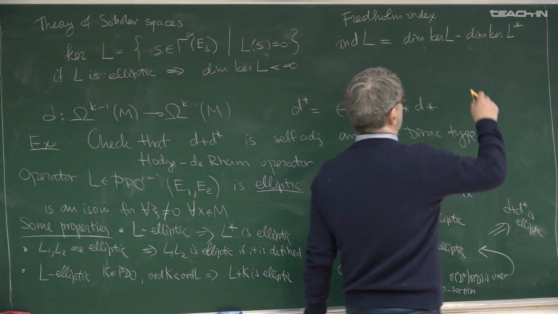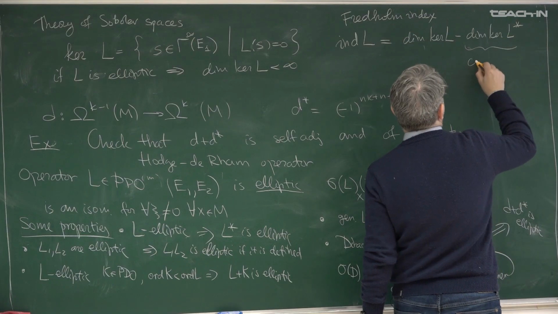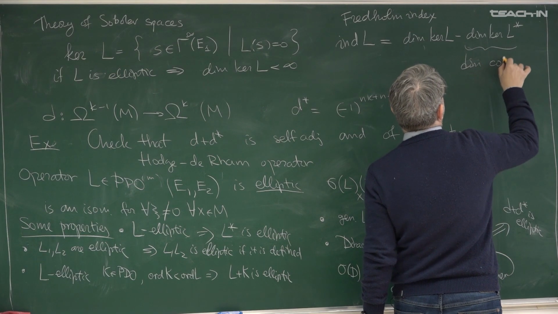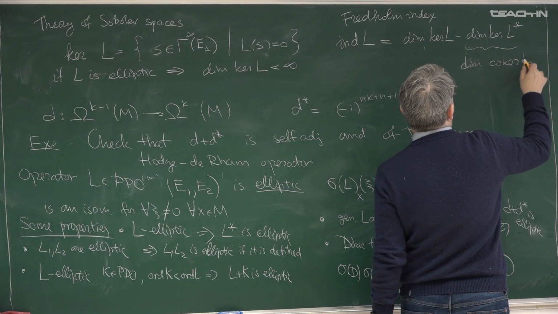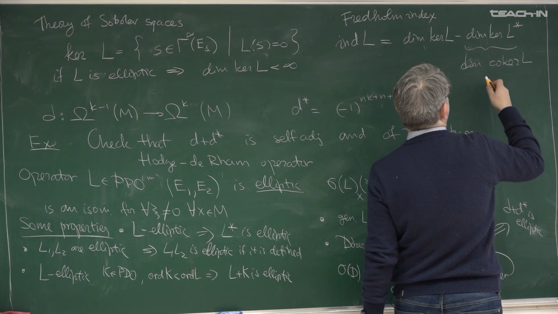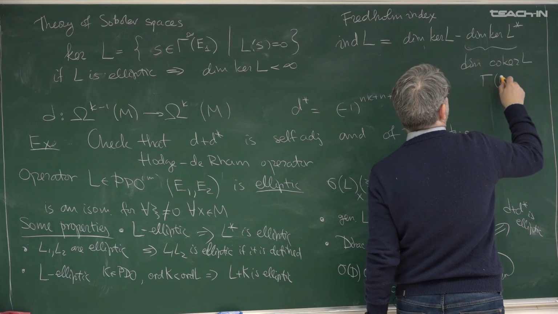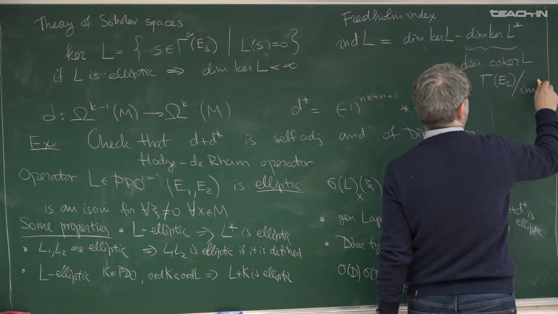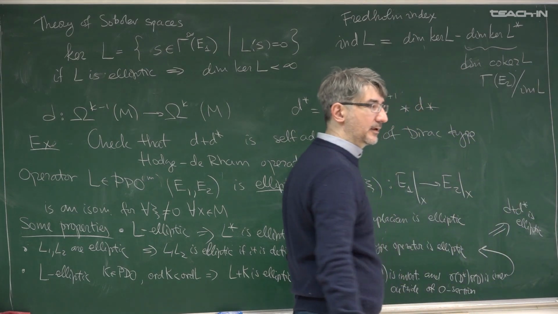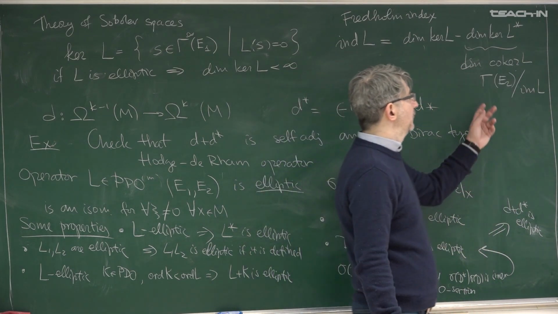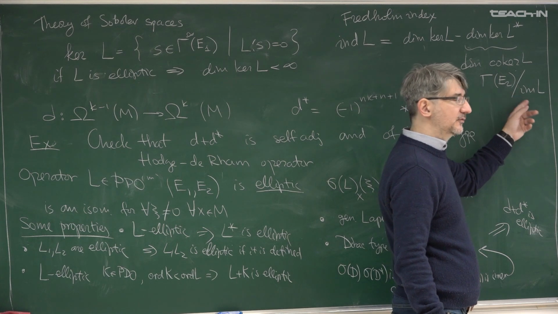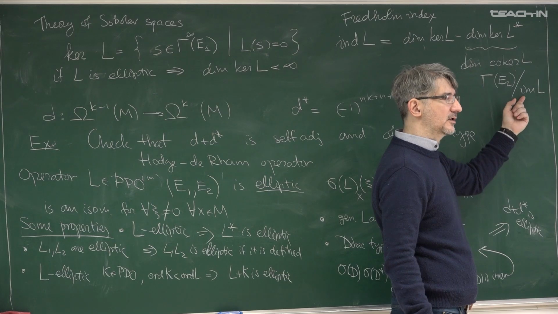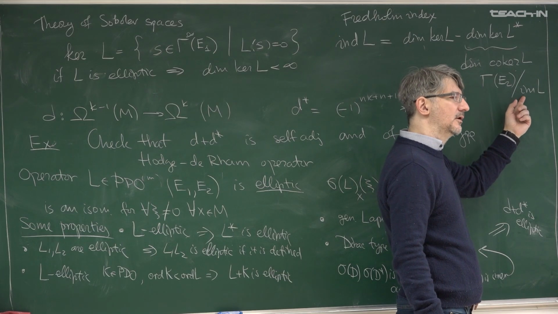Instead of this number, people usually use the dimension of the co-kernel of L. So it is smooth sections of E2 quotient by the image of L. But you know that for infinite dimensional spaces, this thing is very, very tricky. Usually people discuss whether we need to take a closure of the image or not.